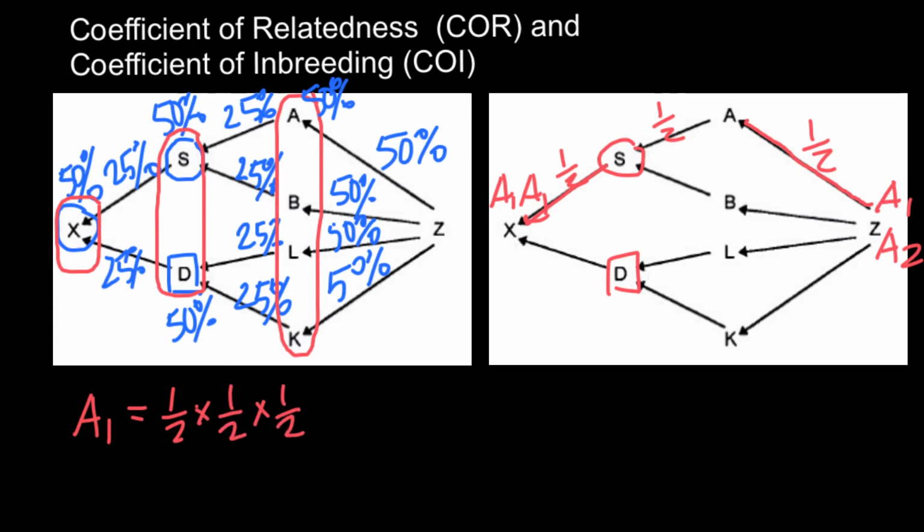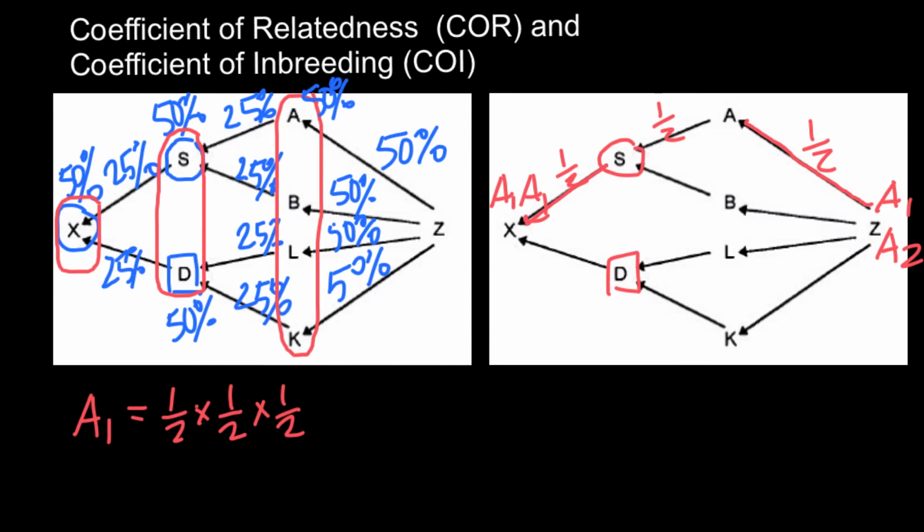But we are looking for individual X to be homozygous, so to have two A1 alleles. That means that the second A1 allele, this individual has to get from his father side. And what is the probability?